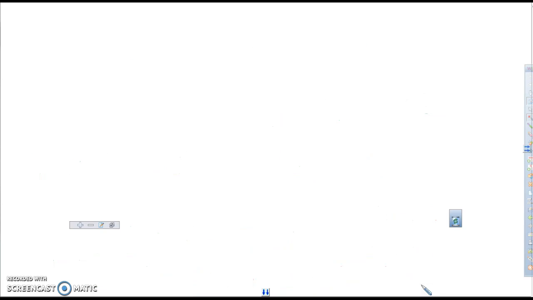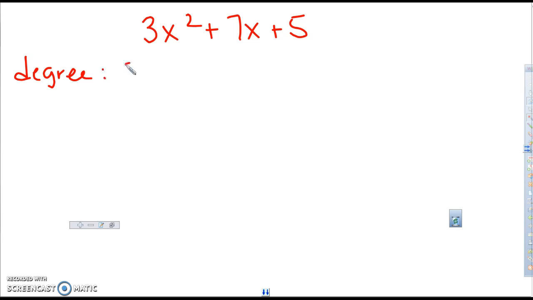So there's other things we can find besides just the degree. So if we have 3x squared plus 7x plus 5, you're going to tell me that the degree is 2. And that's completely right. But the other thing we can find is the leading coefficient.